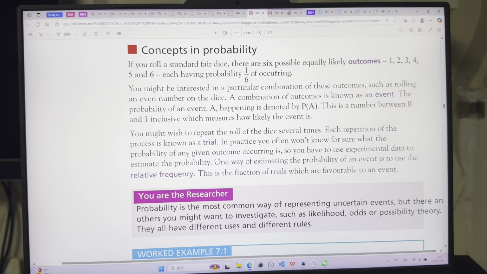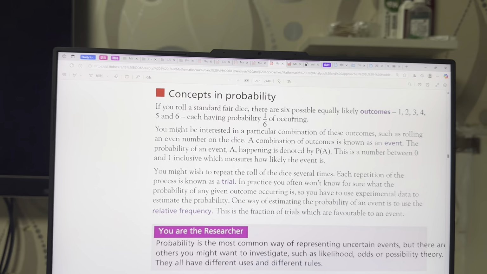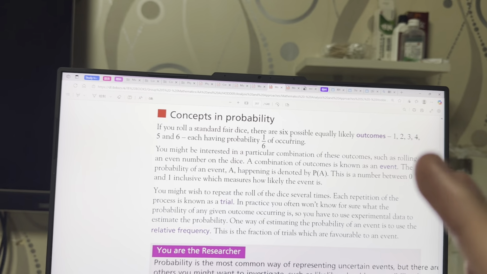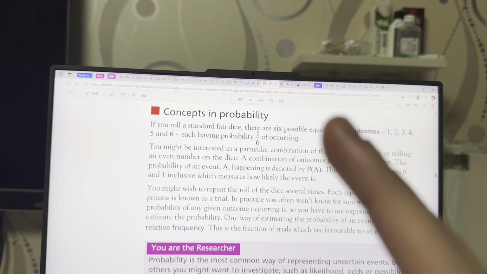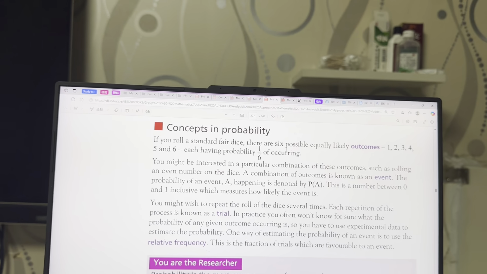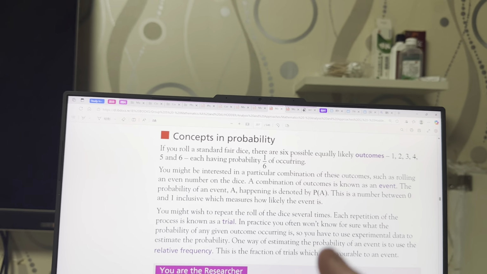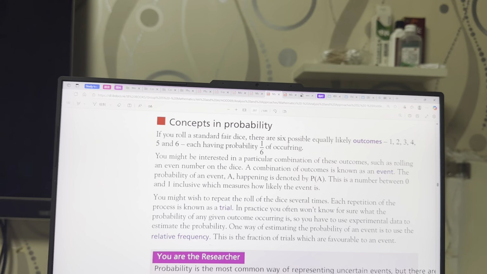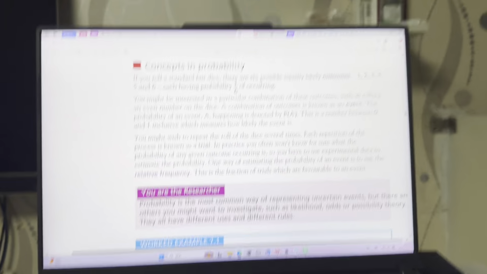The outcomes I want are 1, 3, 5, so the number of outcomes I need is 3. All the possible outcomes is 6. So I use 3/6, which is equal to 1/2. So this is the basic method.